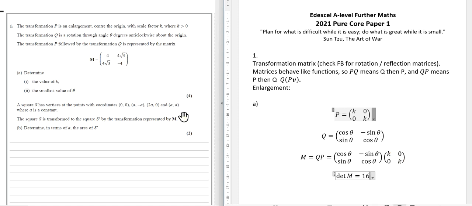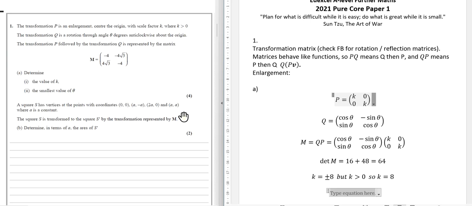Take away the negative of 16 times 3. In other words, the determinant is 64. That means k is either 8 or negative 8. But it says k is greater than 0, so k is 8.